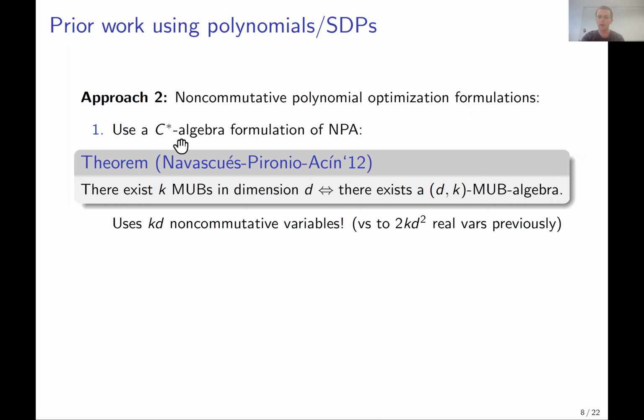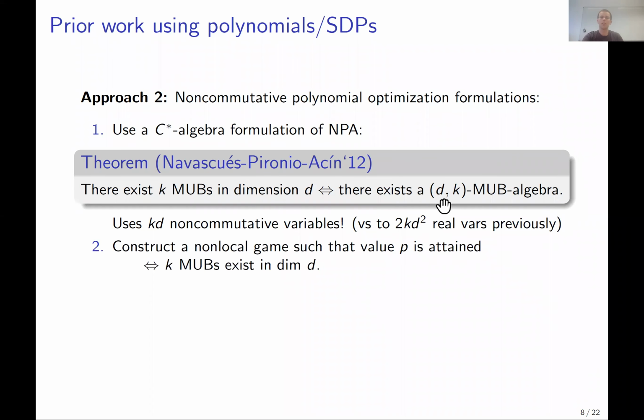The first one, which we'll also use a lot later in the talk, is from Navascués, Pironio, and Acín. They gave a very nice C-star algebraic formulation of the problem. They showed that there exist K-MUPs in dimension D if and only if there exists a certain C-star algebra, which I'll call a D-K-MUP algebra. I'll define it later in more detail.